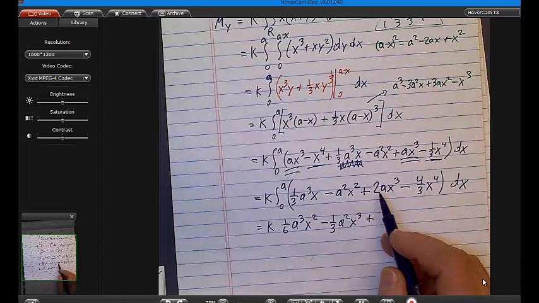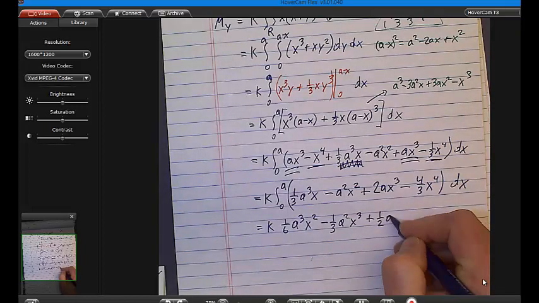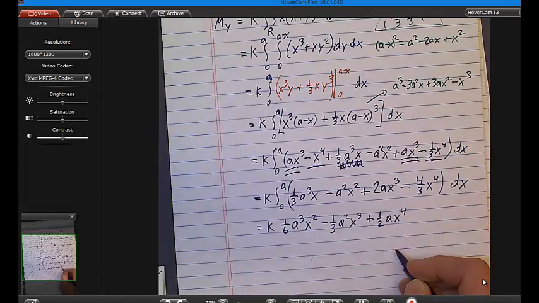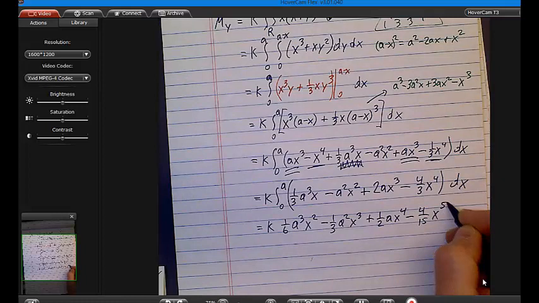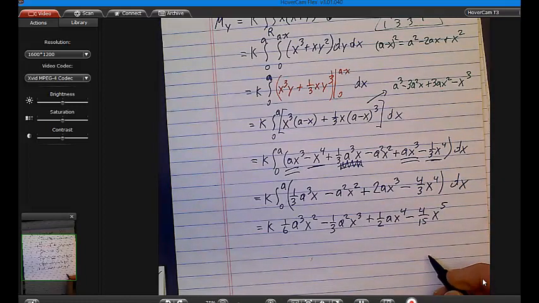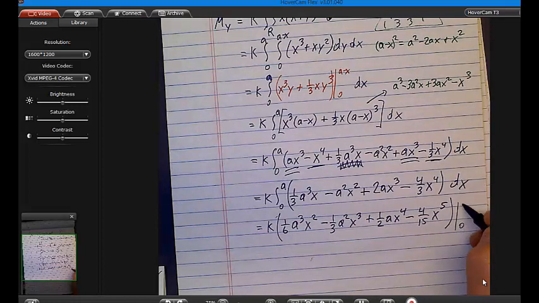Now, this is 2, but we put it over 4, so we get 1/2 a x to the 4th minus 4/15 x to the 5th. Yeah? Yeah. All that from 0 to a.